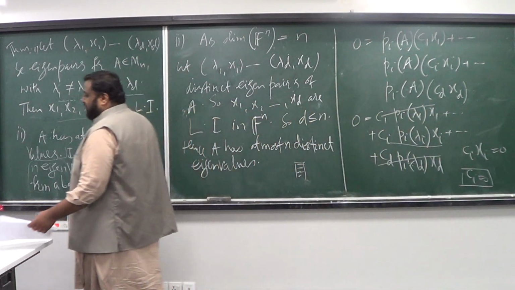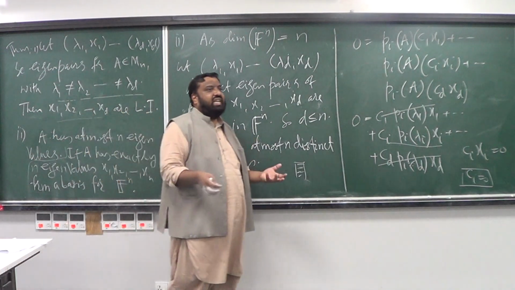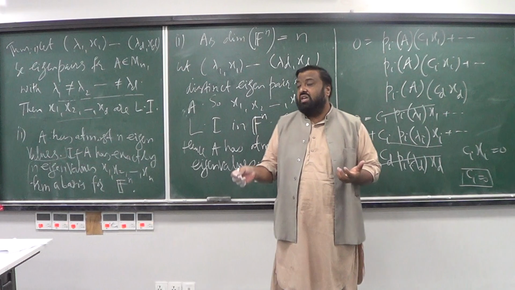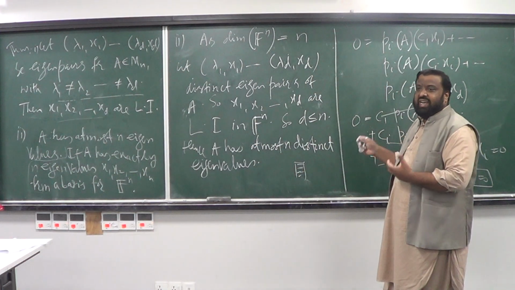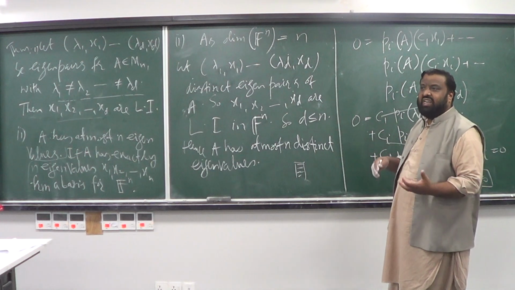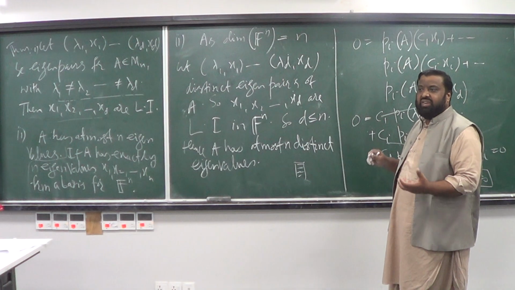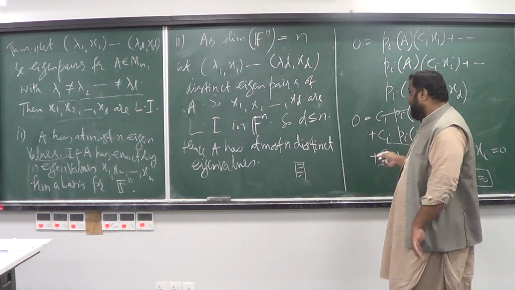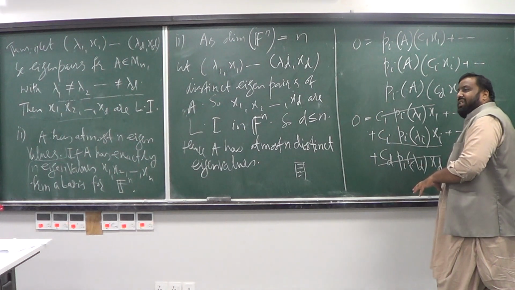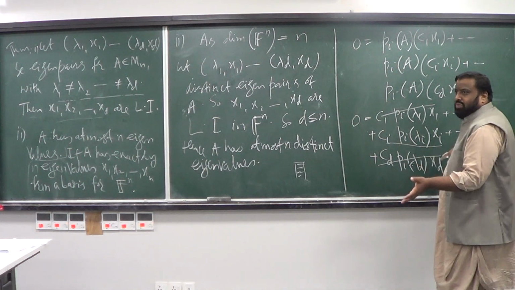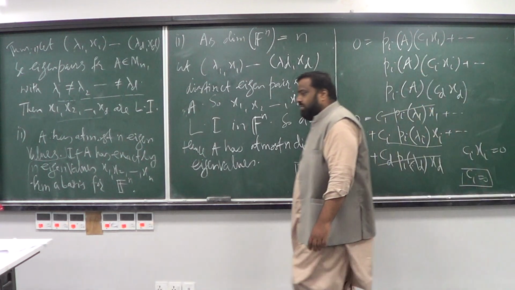And what does this second result show? This theorem shows that there are at most n eigenvalues of a given matrix A of order n by n. You can't have more than n. Previously we saw a bound of n squared, but now you have a sharper bound.